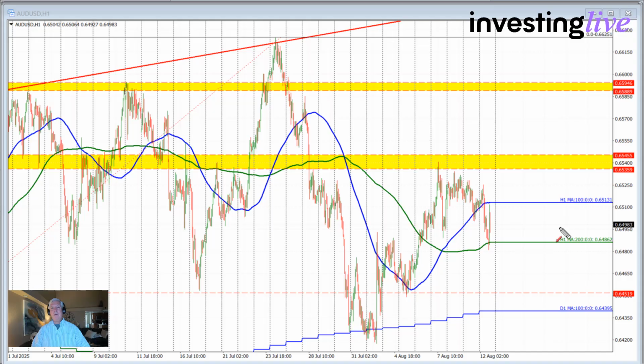So if we can continue to hold this resistance against the 100-hour moving average, then we'll give the sellers the benefit of the doubt, especially after the RBA rate cut. But they need to get and stay below the 200-hour moving average. This first attempt to break below that level just didn't do it for me, and probably for a lot of traders as well. So we need to get below that 0.6486 level and stay below that level to keep the selling pressure and the sellers more in control.